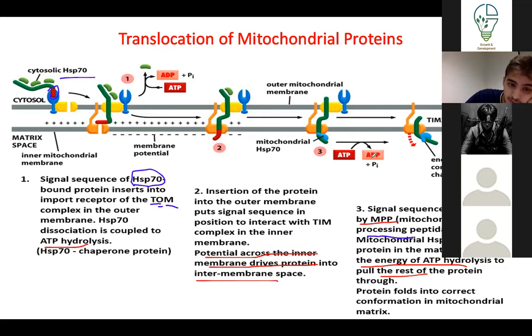So two places. And they can ask about how the membrane potential is involved in the translocation of mitochondrial proteins. It does this by driving the protein into the inner membrane.